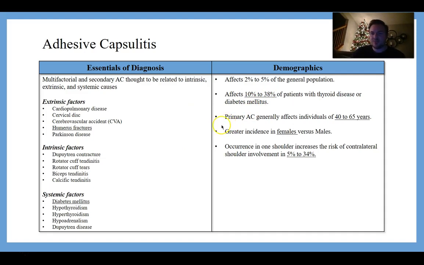It's usually in people from 40 to 65 years old, females more than males, and the contralateral occurrence is anywhere from 5 to 34%. This is a tough diagnosis. It's tough to treat. It's a long process, and it's really tough psychologically for the patient because they feel like they're affected negatively for a long time. So these are actually really hard cases.